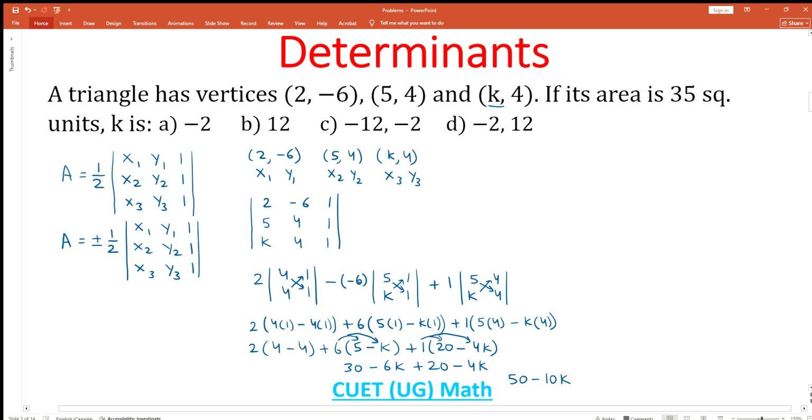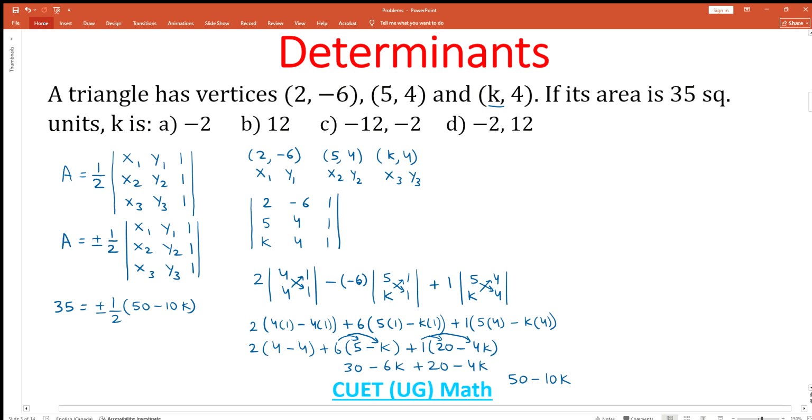We can use this value in the area formula. We are given that the area is 35 square units. So we can replace A with 35 on the left side. This is the equation we get.